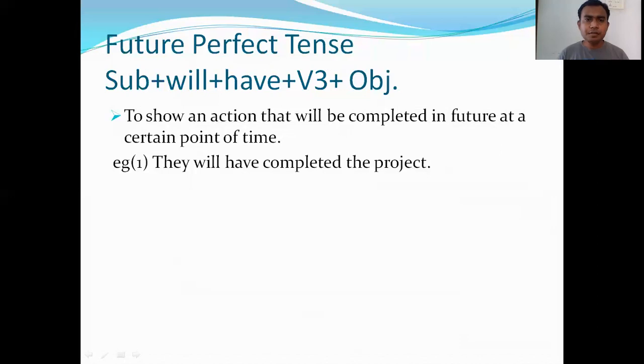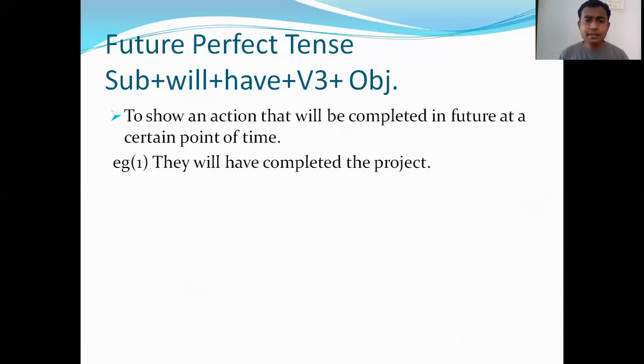Then we have future perfect tense. Now, students, we use future perfect tense to show an action that will be completed in future at a certain point of time. Like, they will have completed the project. We are talking about the future. We are assuming that they will have completed the project.